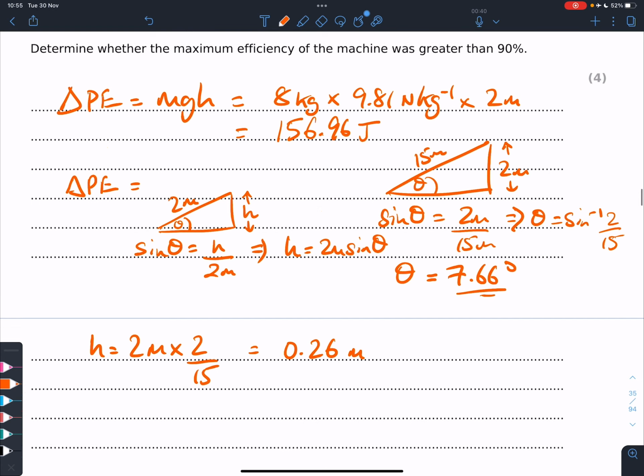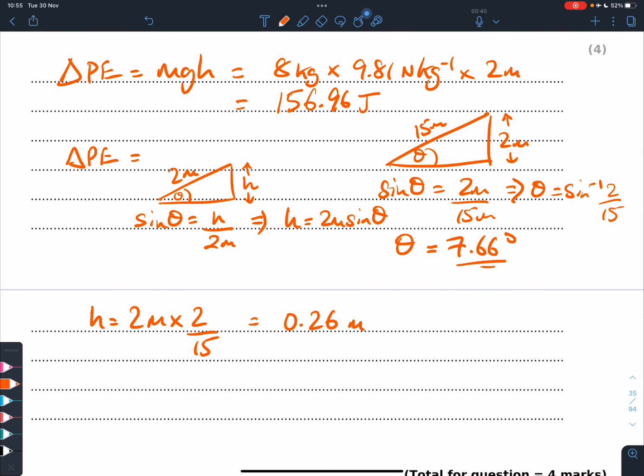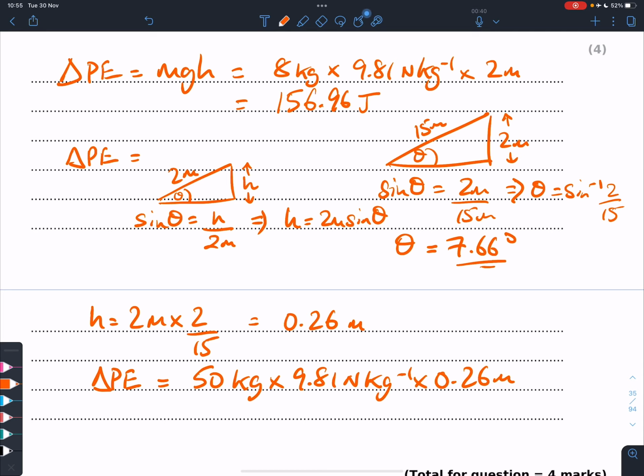meters. So then the gain in potential energy is equal to 50 kilograms times 9.81 newtons per kilogram times 0.26 meters.